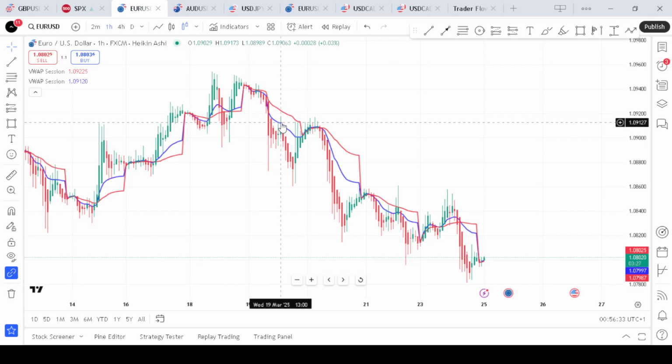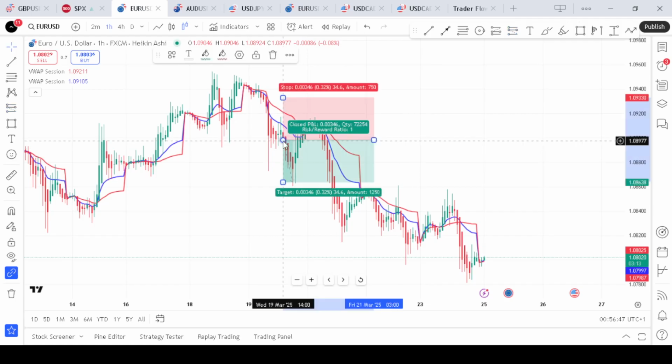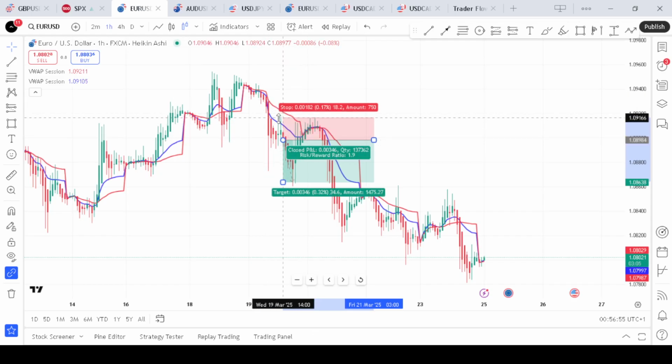This will be a good opportunity for you to enter your short trade after confirmation of a red candle without an upper wick. You enter at that area, and you set your stop loss just above the recent swing high or the short-term VWAP line.